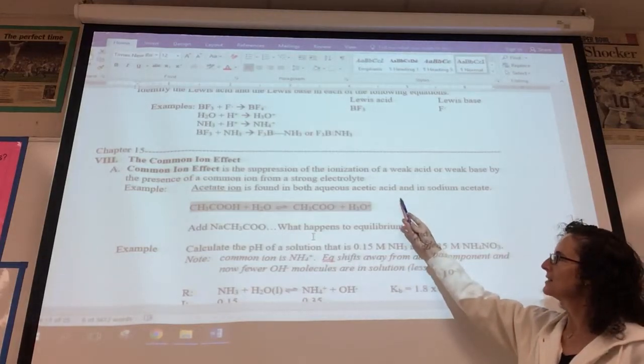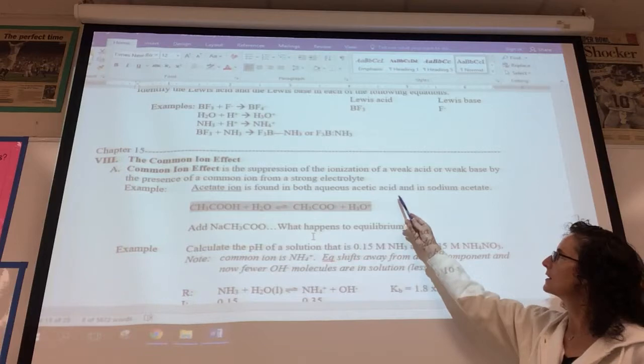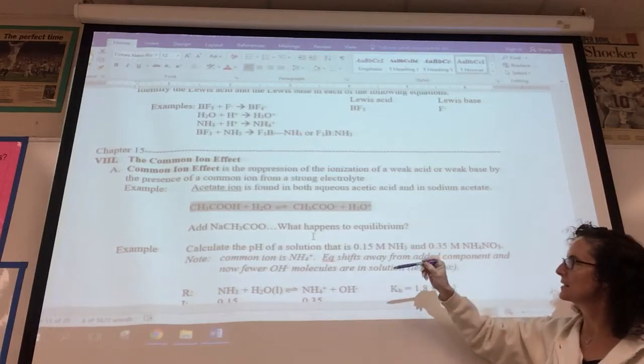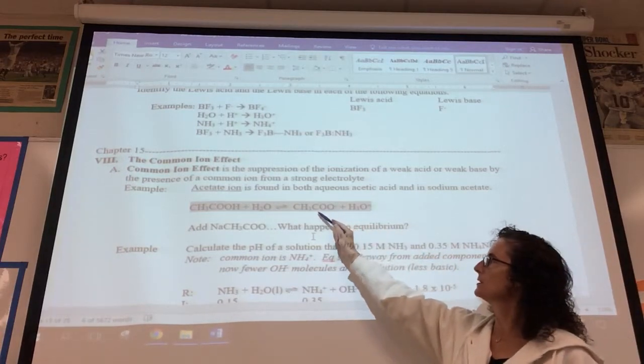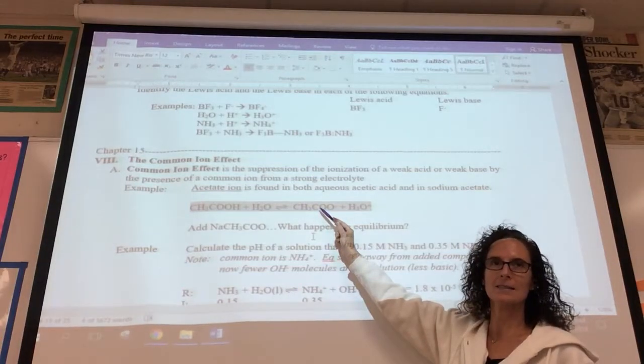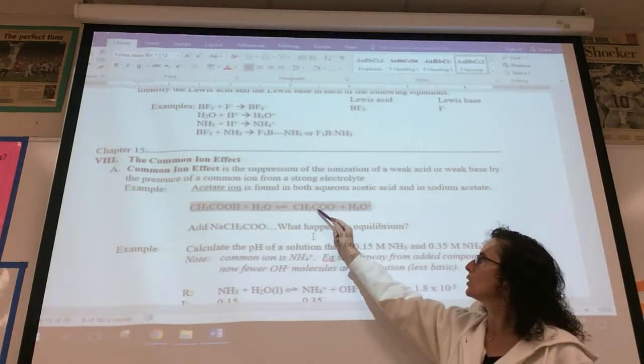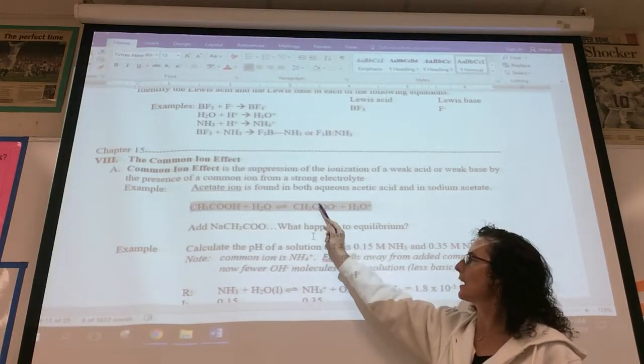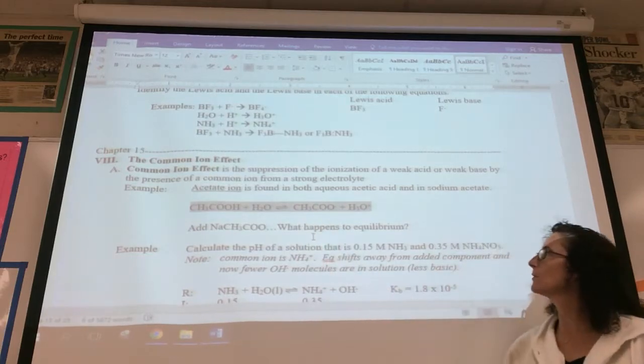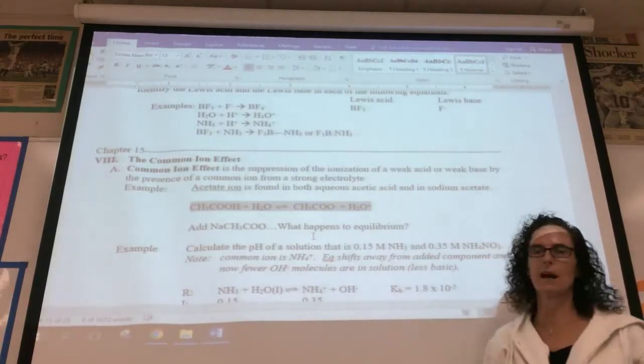Acetate ion is found in both acetic acid and in sodium acetate. So if you increase, let's say, sodium acetate, you will increase acetate ion and the reverse reaction would be favored, hence suppressing ionization.